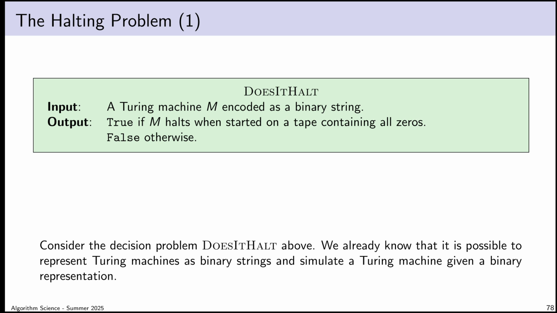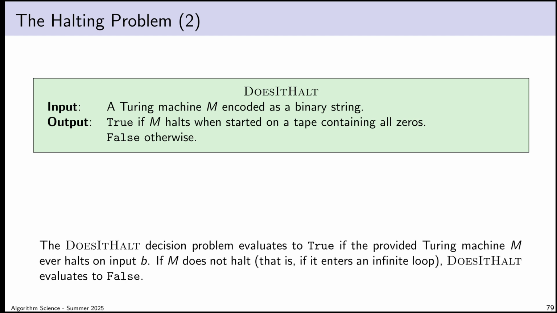It enters some kind of infinite loop that never ends. So either it enters the halt state after a finite number of steps, or it continues running for infinity. So this problem, does it halt, evaluates to true if the Turing machine I provided ever halts after any amount of time, even an incredibly large amount of time, and if it doesn't halt, then it returns false.